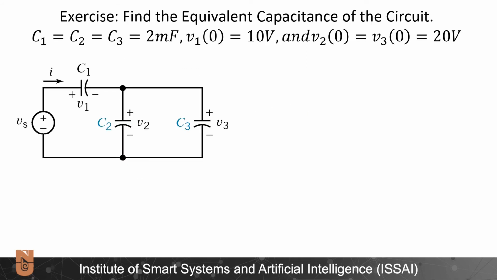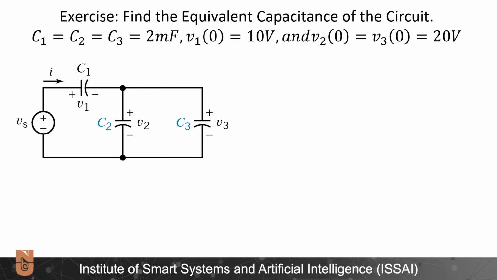In this exercise, I need to find the equivalent capacitance of the circuit. C1 is equal to C2, which is equal to C3, at a value of 2 millifarads. The first capacitance is charged to 10 volts, and the second and third capacitances have the same value of 20 volts. This is obvious because they are in parallel to each other.